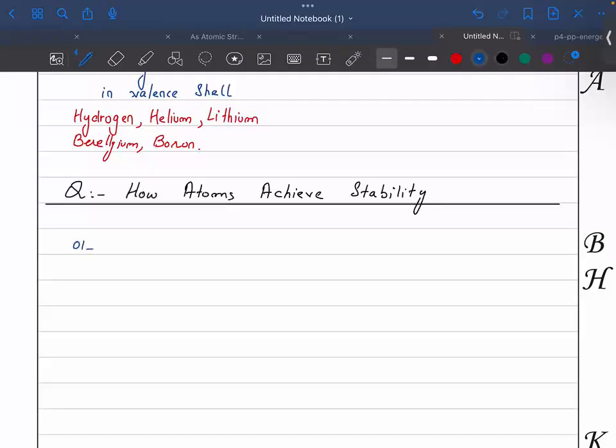Either by losing electrons, and when any atom loses electrons, it gets a positive charge or it forms cations. Remember, atomic structure may be studied group 1 elements, group 2 elements, group 3 elements, all metals lose electrons to get stable and they form cations, positively charged ions.